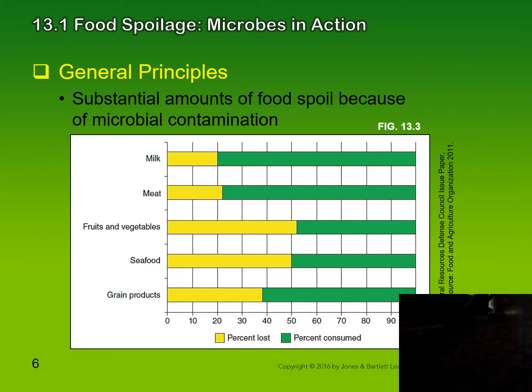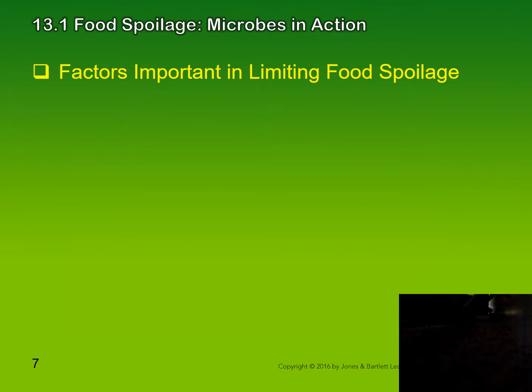And we know that some things like milk are very perishable, and we still do consume quite a bit of milk, but something like seafood, we have a huge loss because the seafood is very highly contaminated with microbes.